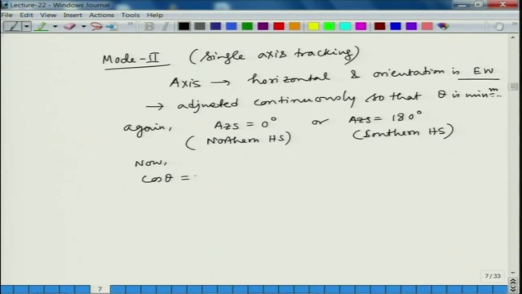For the northern hemisphere, let us say for AZS equal to 0 degree, we can put that value directly, and the expression of cos theta will be the following.